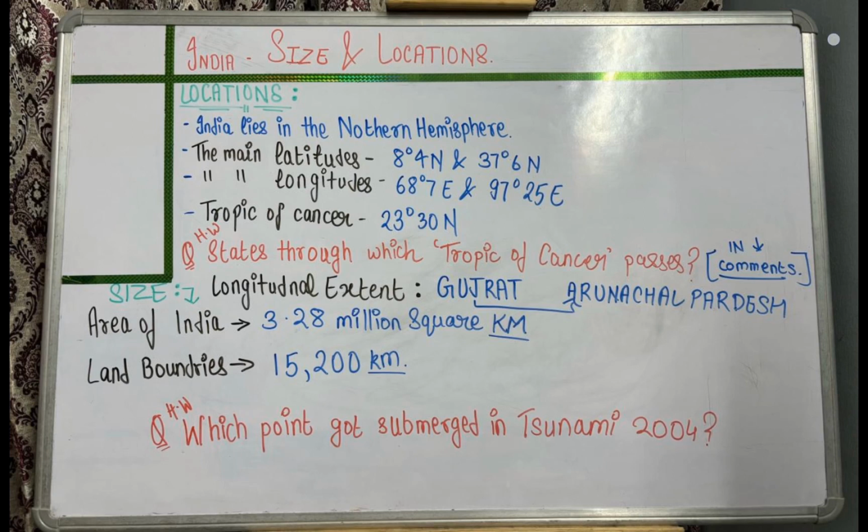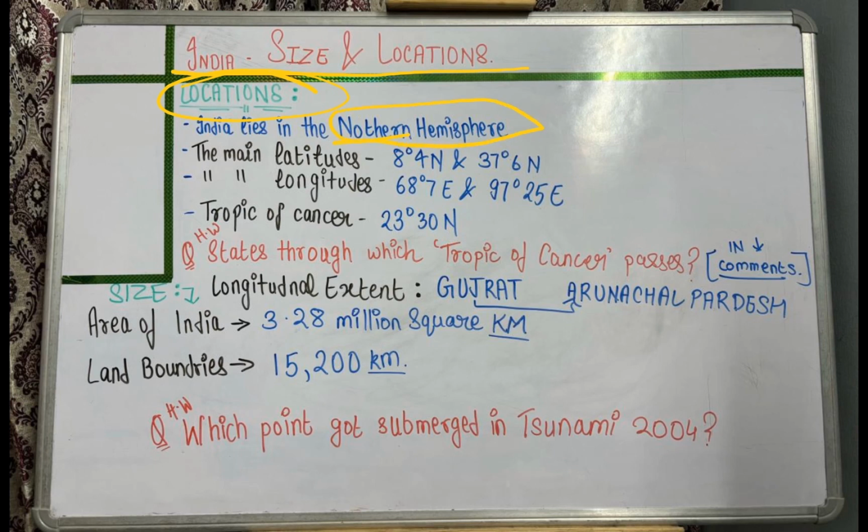Let's also revise it once more. So let's take the color yellow and we are going to revise it. The chapter name: India, size and location. We learned the location first of all, that India lies in the northern hemisphere.